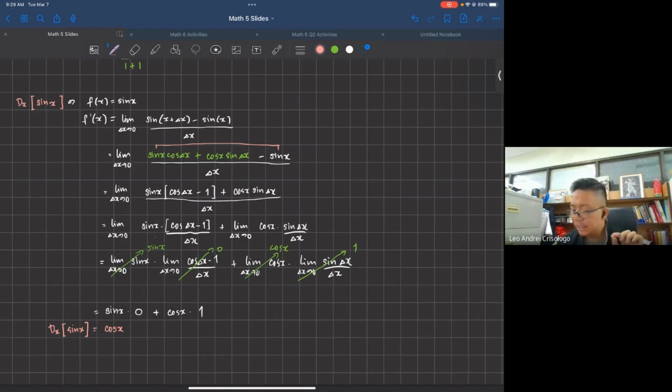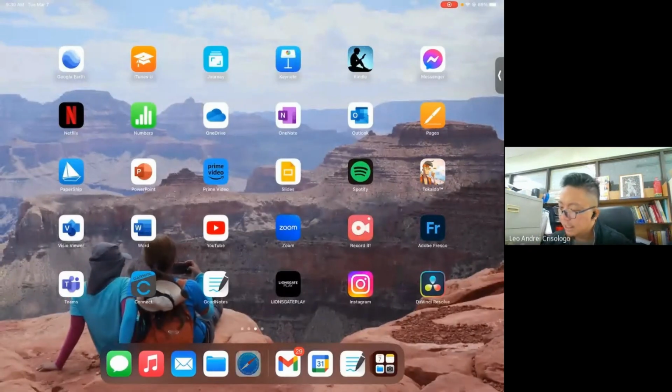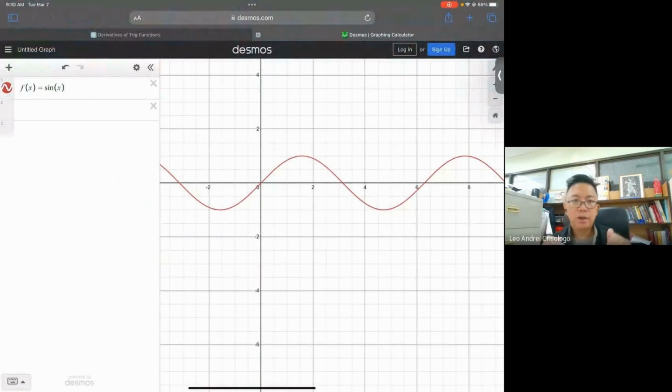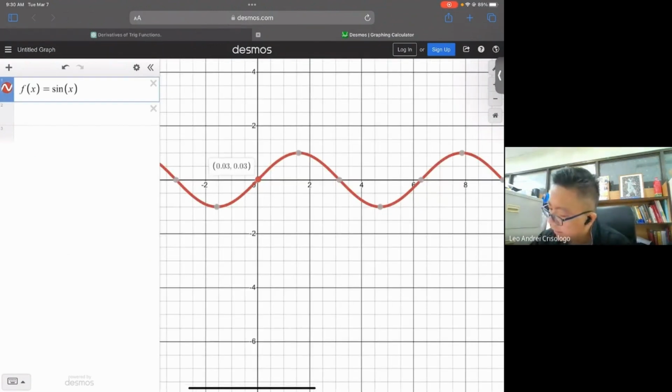Gusto kong parang ipa-visualize, no? If we take a look at the graph of sine x, and we want to talk about its derivative, then i-consider natin yung slopes, yung slopes ng tangent line sa bawat point. Now, let's take a look dito sa 0. Ang slope natin dito nung tangent line, I think you could visualize it to be equal to 1, kasi siya papataas siyang ganun eh.